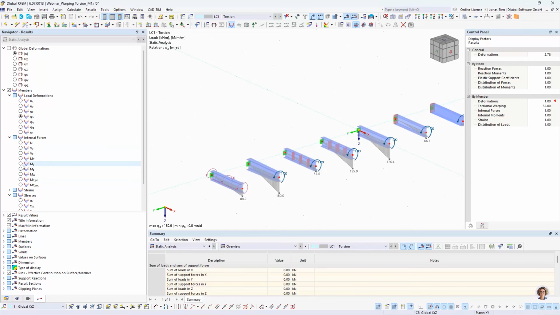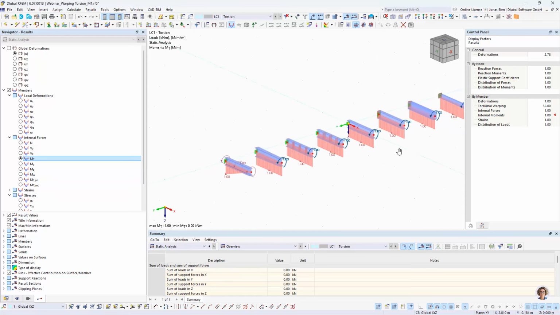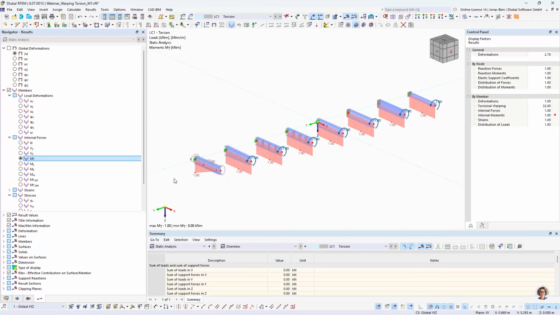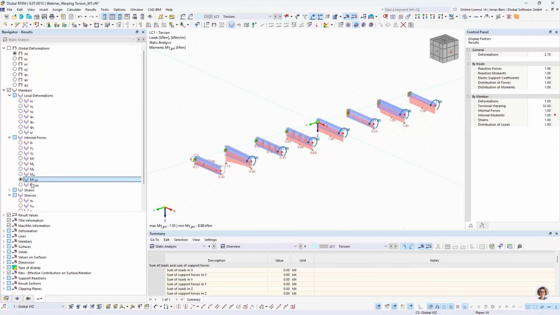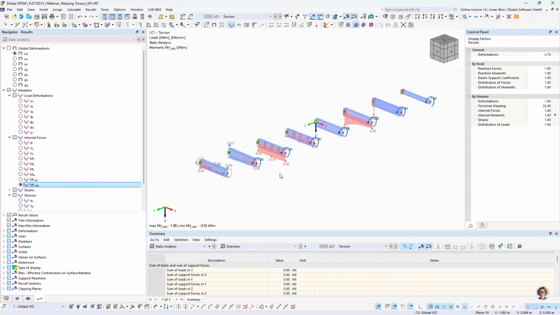behavior or the load-bearing mechanism in torsion. So again, everywhere we have a maximum torsional moment of 1 kilonewton meter. But let's actually check how much is now going into secondary torsional moment.